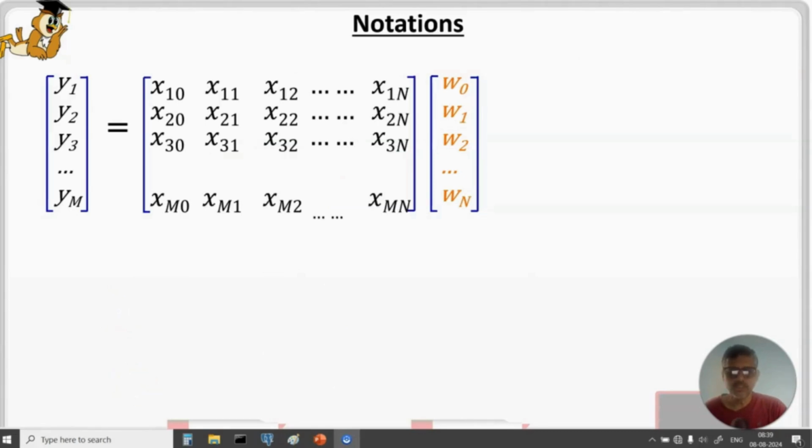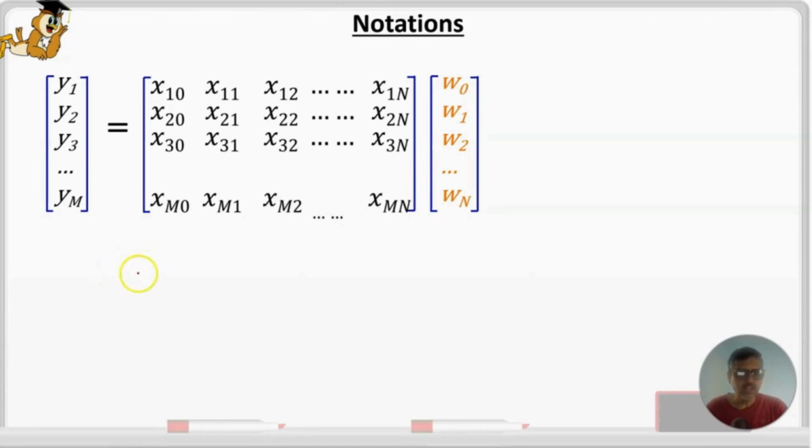Some more notation. Your vector y is actually the multiplication of this matrix with the weights. Why do I say that? The values of y that you get from your model are equal to w0 plus w1 x1 plus w2 x2 and so on and so forth.